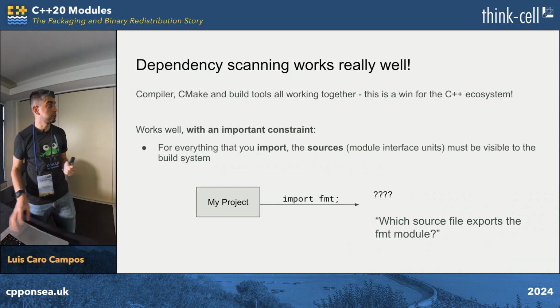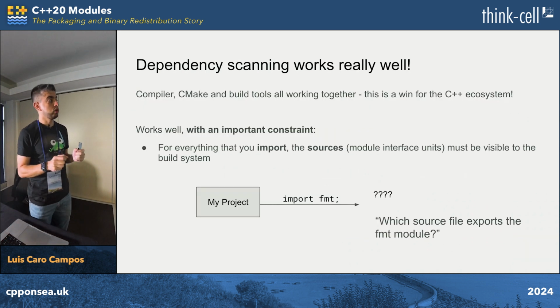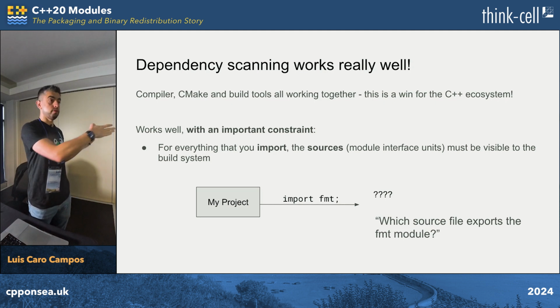And actually what I found is that dependency scanning works really well. And this is an example of the C++ ecosystem coming together to support a new feature. We needed collaboration from the compiler because we need the compiler to give us the tooling to actually give us that information, the modules that are imported and exported. And this is done with a JSON file that is described in those papers.